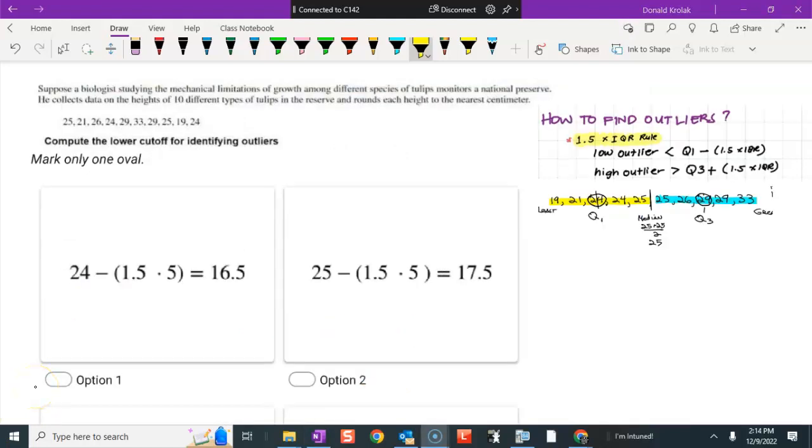Okay, compute the lower cutoff. So here's our formula for lower cutoff.